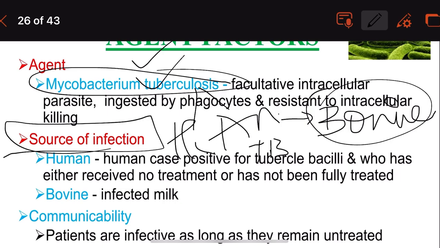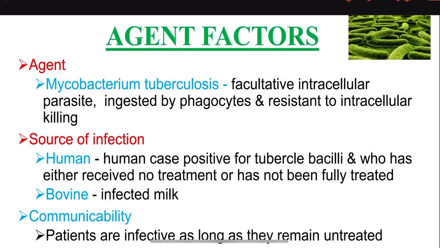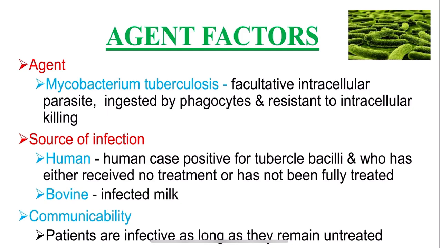Moving further to the source of infection. There are two sources of infection, human and bovine. Human source is the most common source of infection: cases whose sputum is positive for tubercle bacilli. So we see that the human case is the main source of infection.